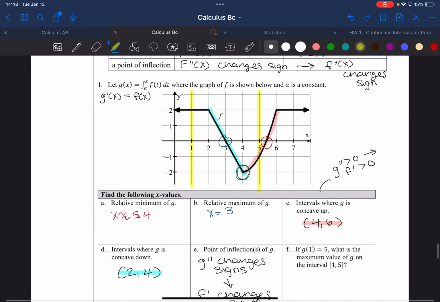And if I want to find the maximum value of g, that means I should be looking at where the function, the capital F of x, that derivative, changes signs from positive to negative. So for the maximum value, I should be looking at only the positive or the increasing section of the graph.